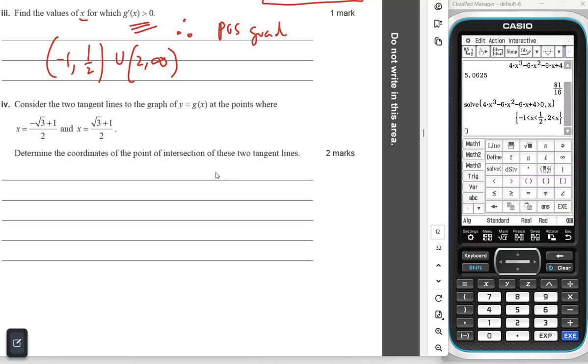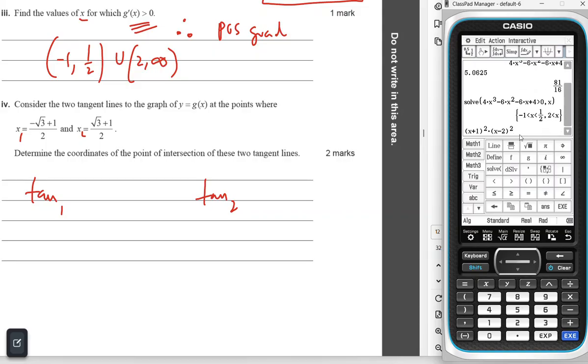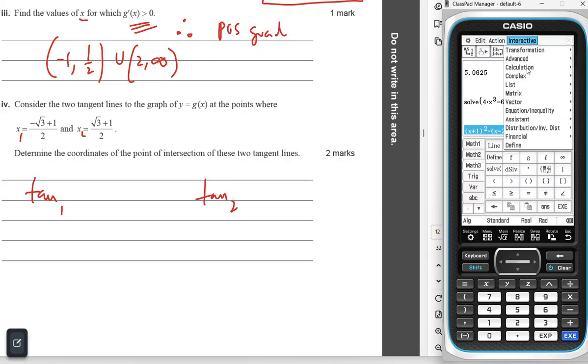Consider the two tangents at these points. Determine the coordinates of the points of intersection of the two tangents. Okay, so I'm going to have tangent 1, where that's x1, and tangent 2, where that's x2. So if I grab my original expression and copy that, come down and paste, I'm looking for the tangent line.